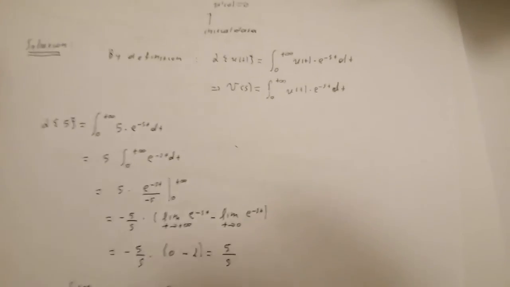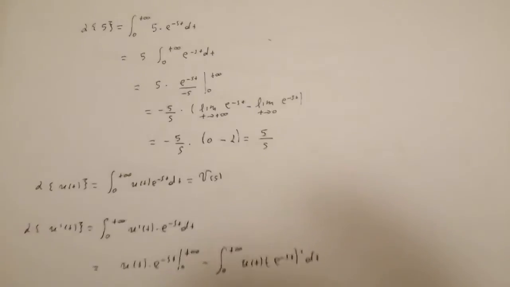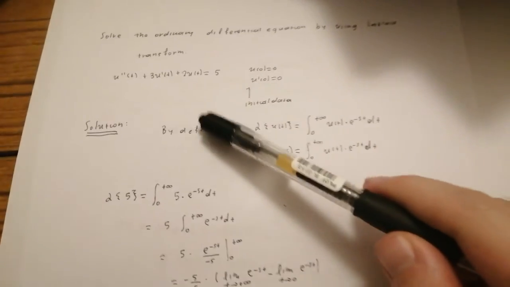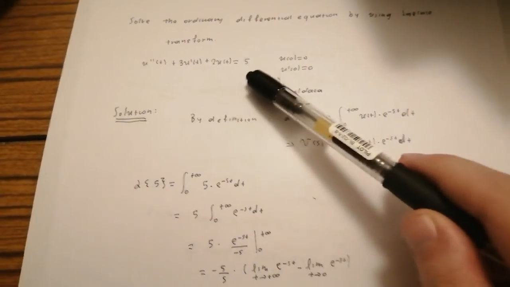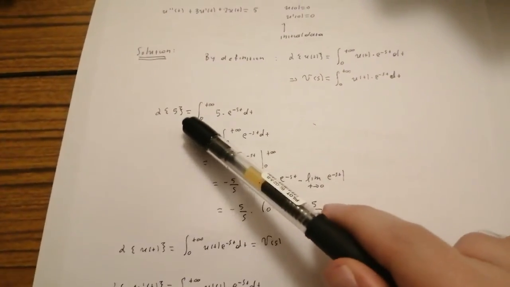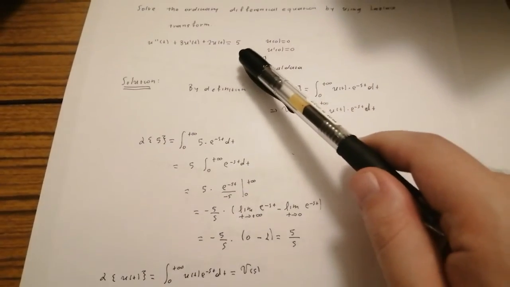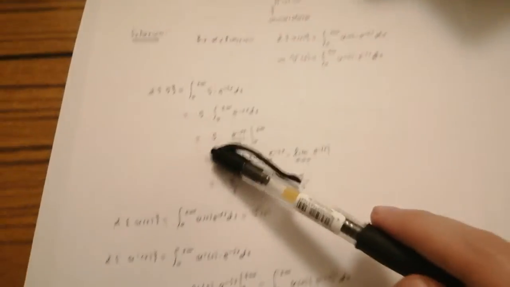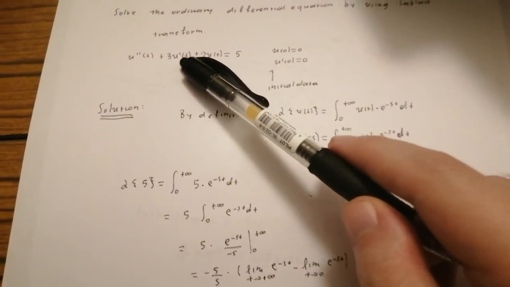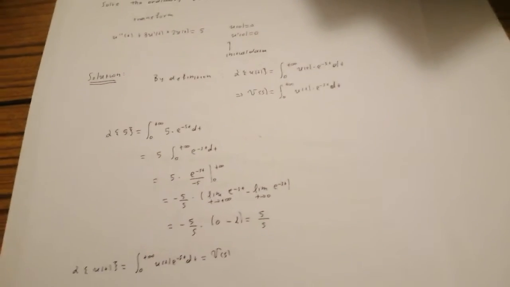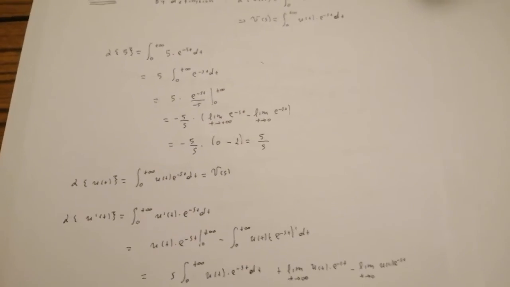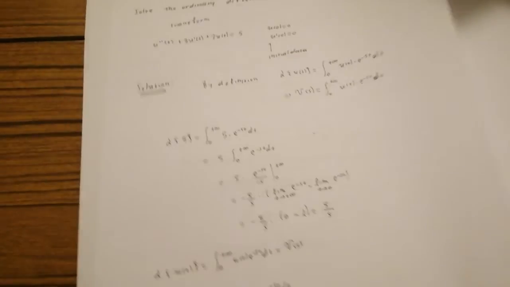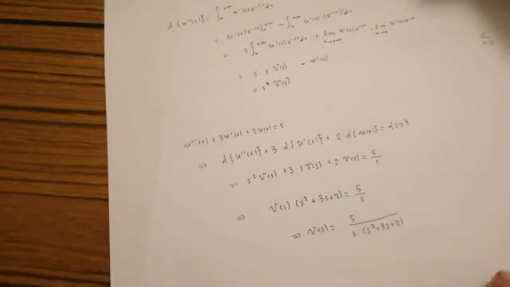So first, what you have to do is find these transforms here. I have computed the transform of the constant function associated to the right hand side, and of course of u prime and u double prime, so I have to compute these Laplace transforms. It's very straightforward.